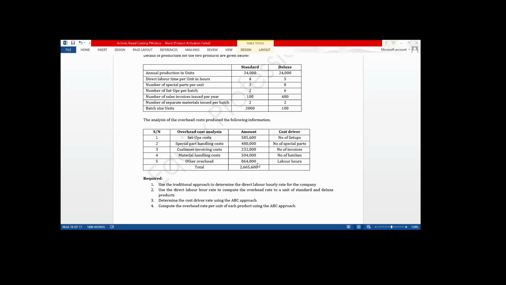Now, other overhead, the correct figure should be 864,000. The cost driver is labor hours. Total overhead is correct, 2,665,600,000.